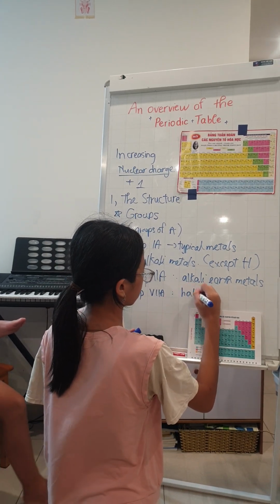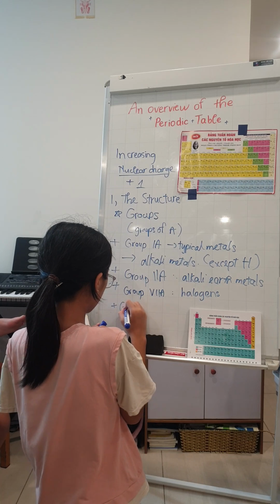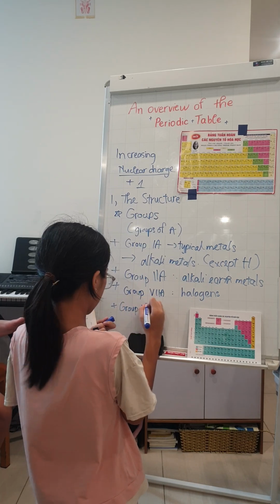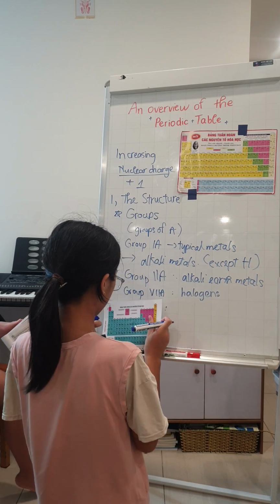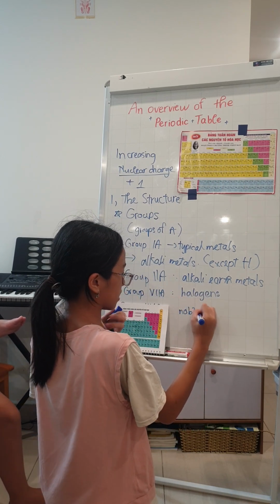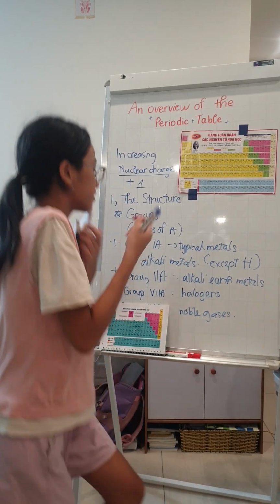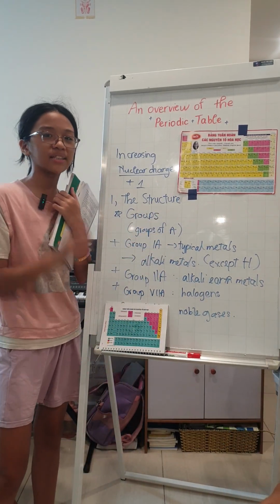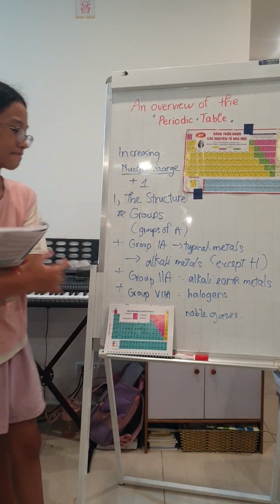They're halogens. Group 8A are noble gases. These are some basic information about the groups.